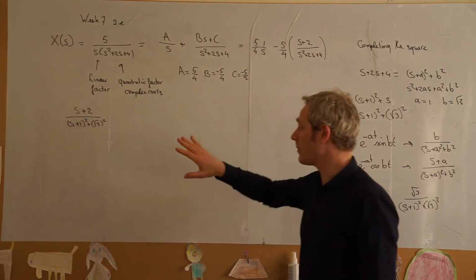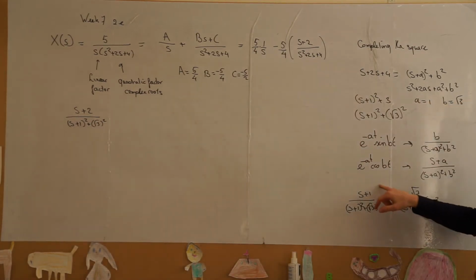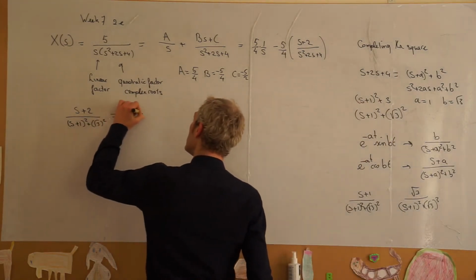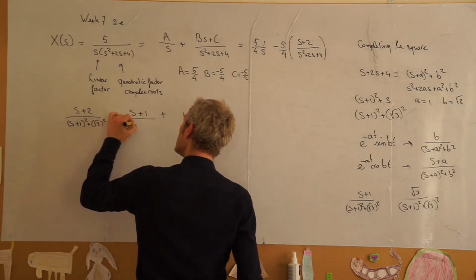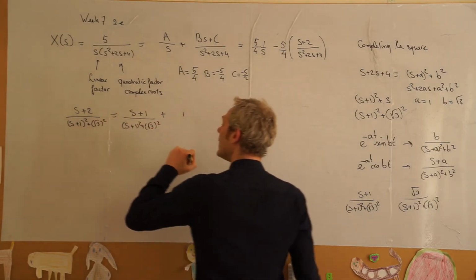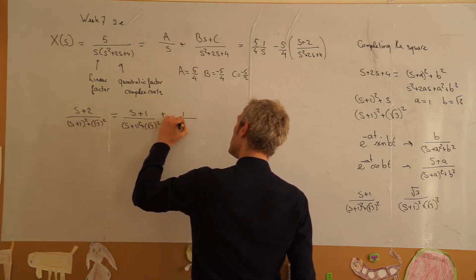What I'm going to do is focus on this s part here. So I have one s, and I want to have s plus 1, but I have s plus 2. So I will rewrite this as s plus 1 plus 1 and separate this into two fractions.